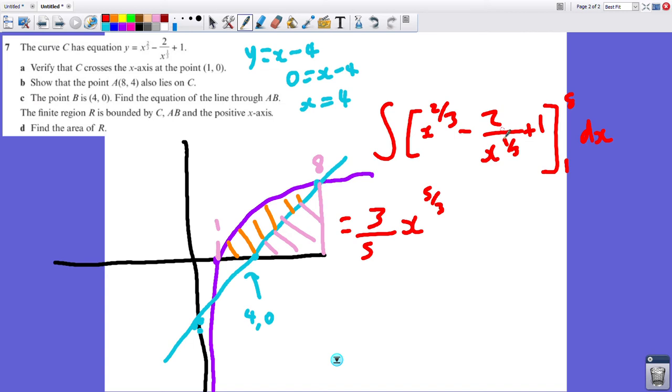I'll just call this power 2x to the minus third, so I'll just adapt it here, 2x to the minus third, and get rid of that denominator.